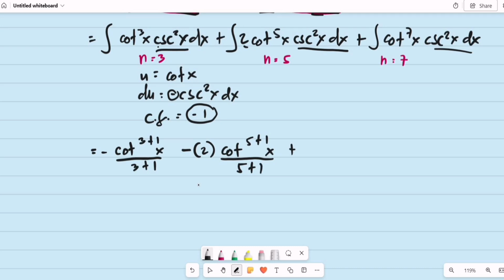Then plus, lastly, or we should not use plus sign, since again, we'll be using a correction factor of negative 1 for all the terms. So negative cotangent raised to 7 plus 1 of x divided by 7 plus 1, then plus the constant c. So we simplify.